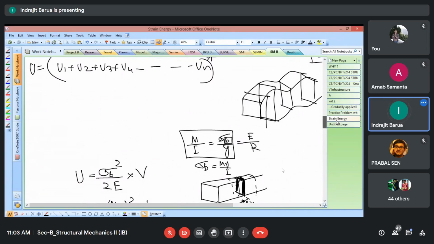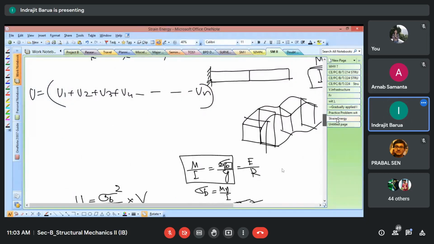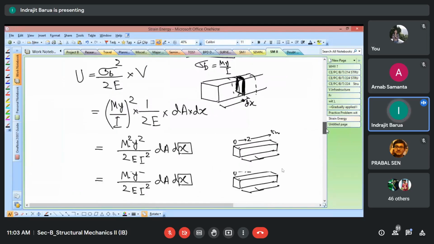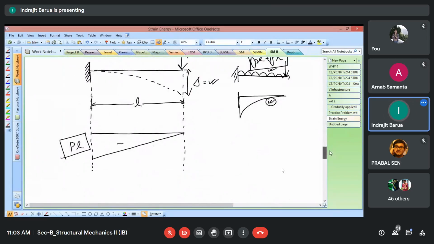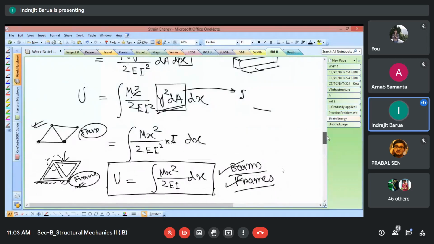This work done within the structural component is nothing but the internal elastic strain energy stored as well. So using that concept, we use some equations for our applications in the civil engineering field.